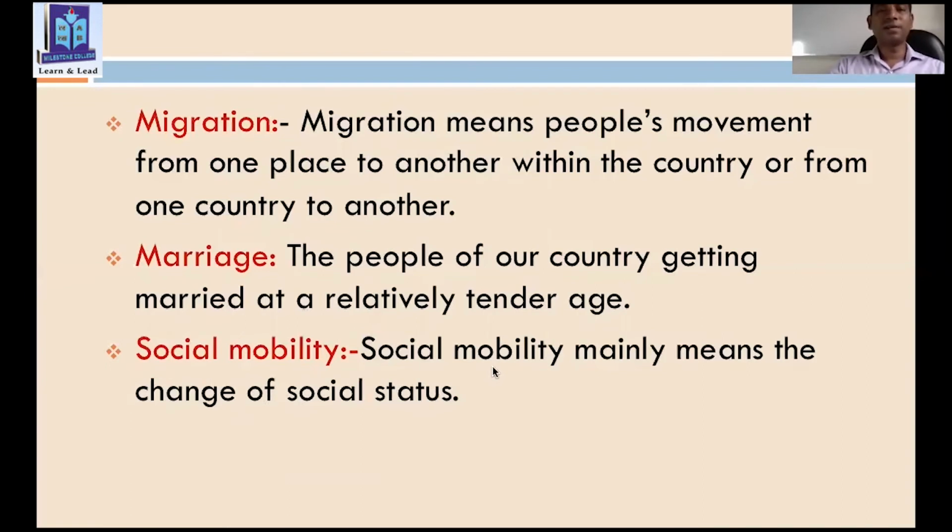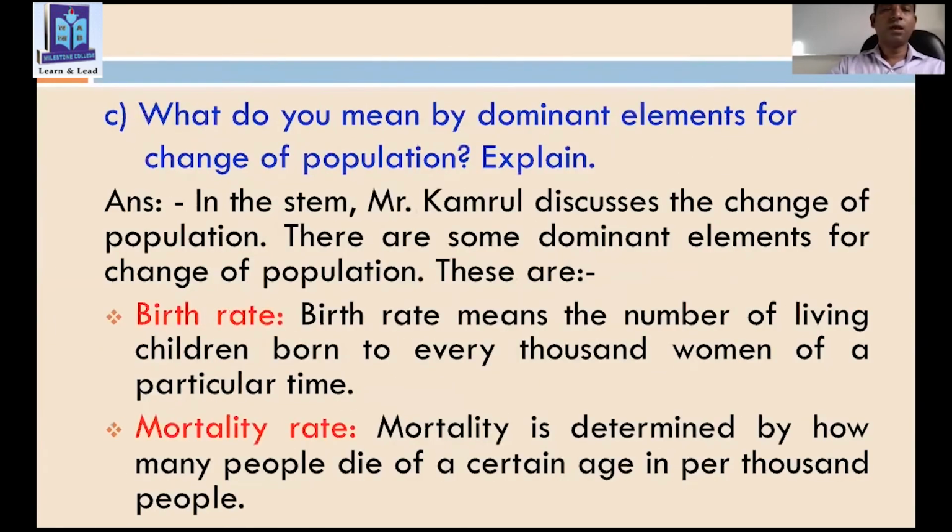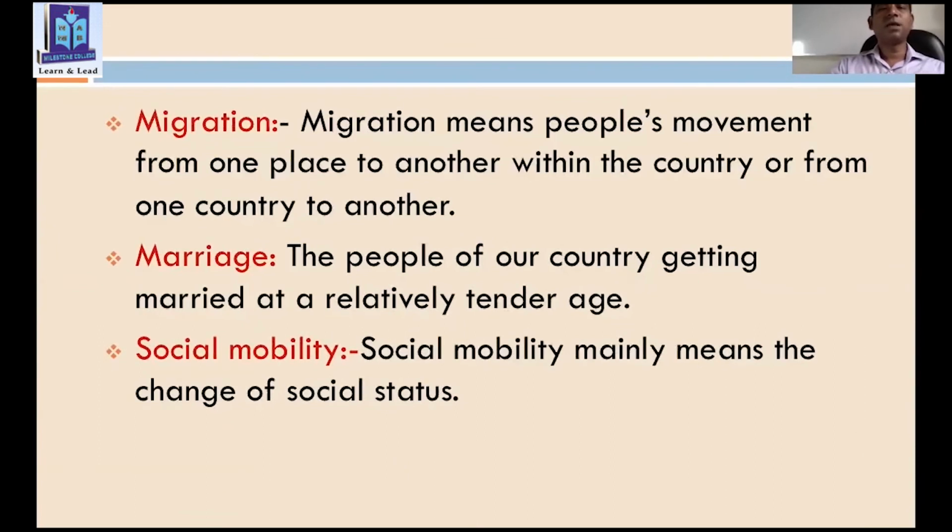Suppose some students come to the city to study and someone goes to another city to get a higher quality job, and this way social mobility happens. Okay, so here we see dominant elements of changing population: birth rate, mortality rate, then you can see migration, marriage, and social mobility. You have to remember this point.